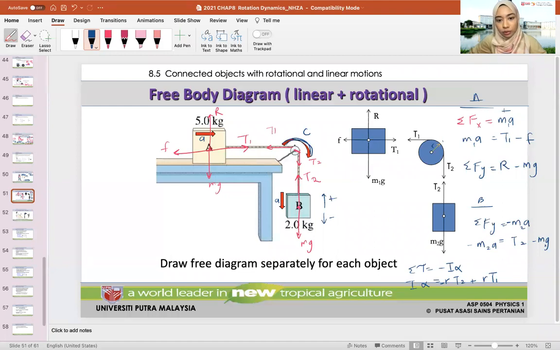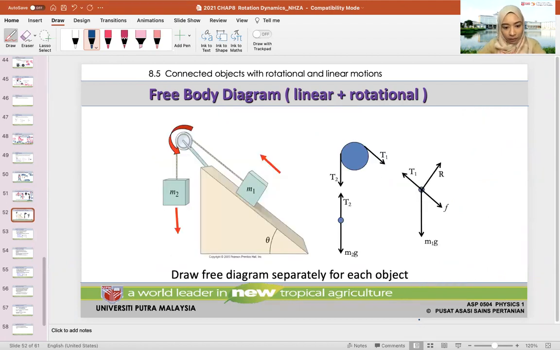This guy is going to rotate this object anti-clockwise. So RT1 equals minus I alpha. So the tricky part in torque is actually remembering that you have signs. That's my problem actually. I don't know what confuses you, but hopefully that's not it, because the signs are very, very critical.